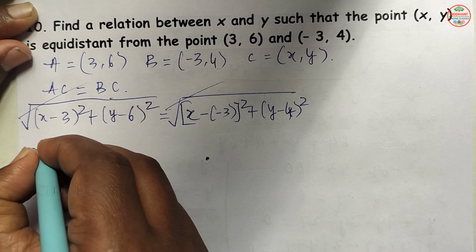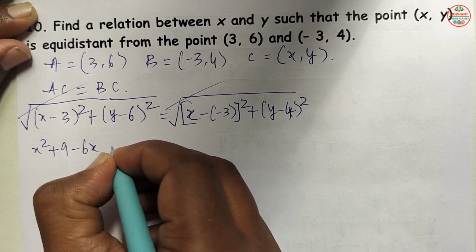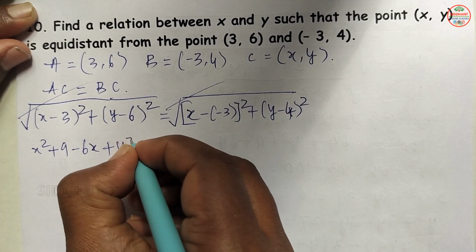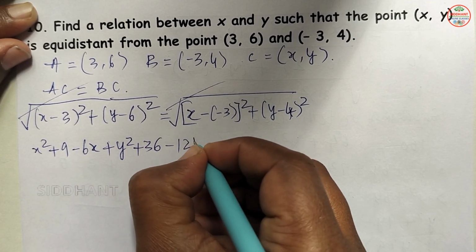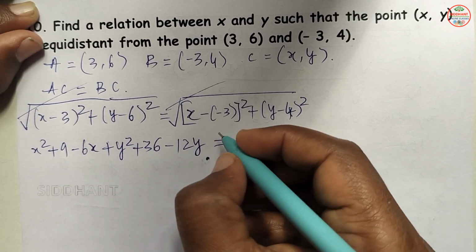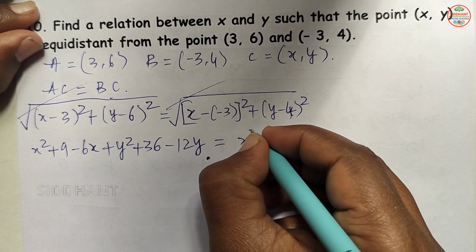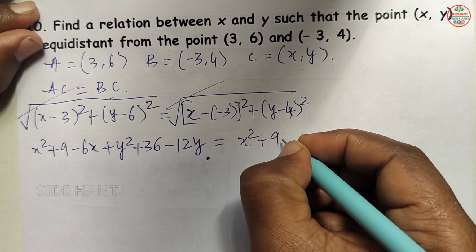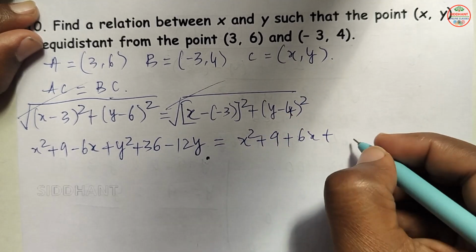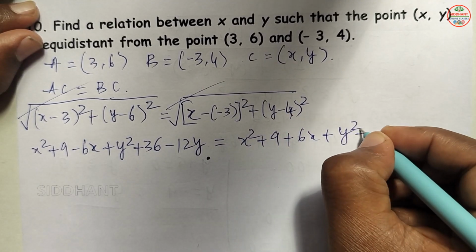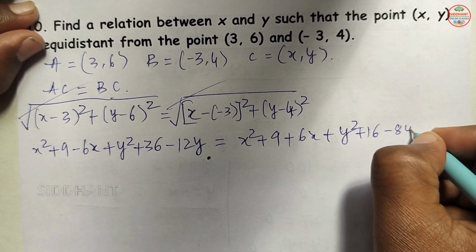So we get (x minus 3) whole square. When you expand, x square plus 9 minus 6x plus y square plus 36 minus 12y. Here (x plus 3) whole square, that means x square plus 9 plus 6x, plus (y minus 4) whole square, y square plus 16 minus 8y.